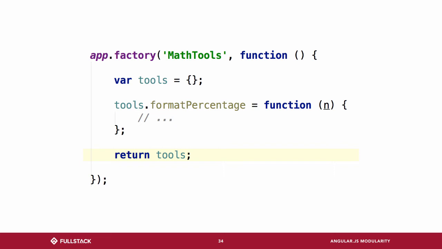The way that this would read is that when someone uses this factory, we don't manually create the factories. We use something called dependency injection. When someone asks for math tools, it's going to call this function and return the tools, and it's only going to call this function one time.